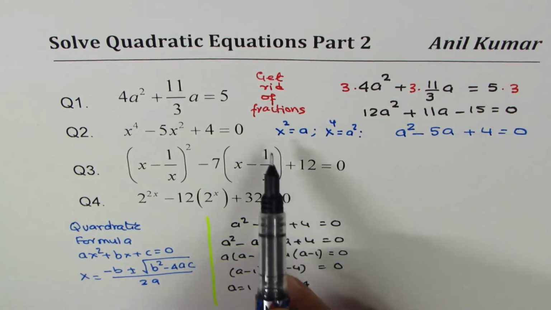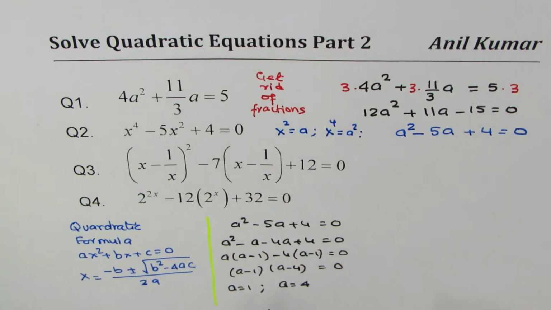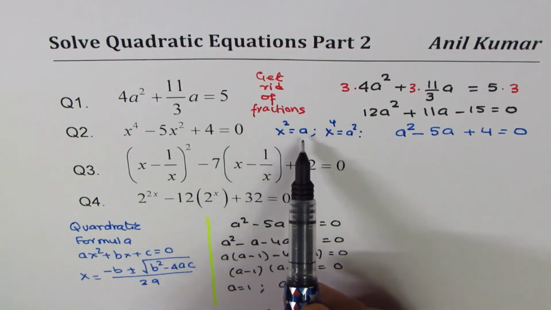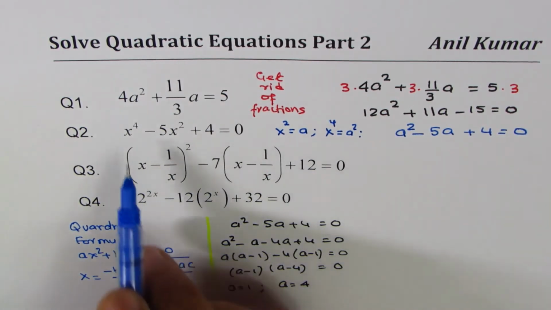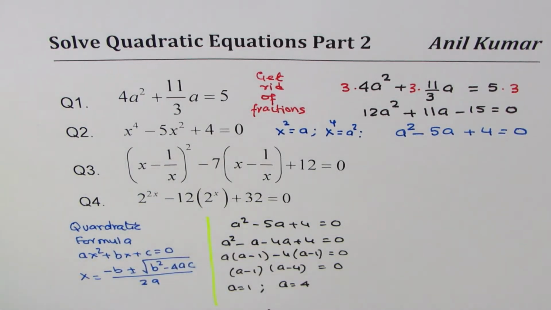However, you have to find what x is. Do you see that? So x squared is a, remember that, right? So that means now what you have to do is use a is x squared. We need to find what x is. This is very important, correct? So we say x squared equals to 1, and here we say x squared equals to 4.